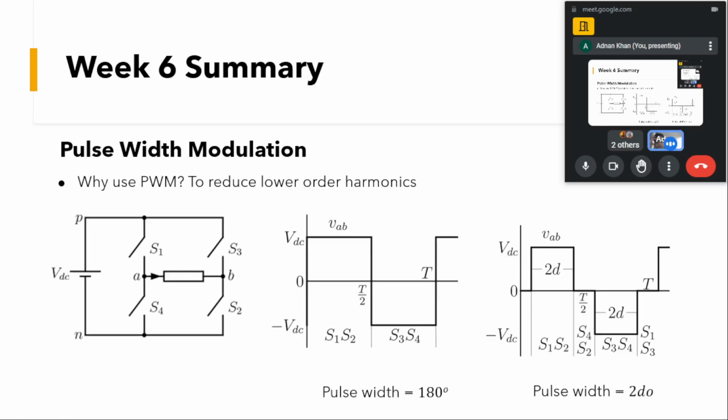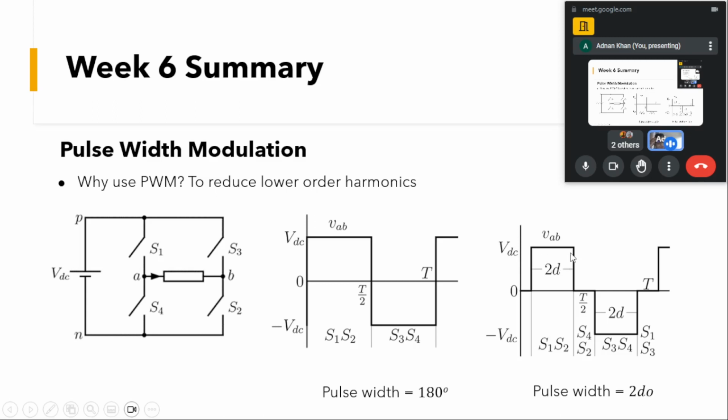Now, if we could decrease the width of this waveform, let us say we have a zero interval for some time, and I am only switching on S1 and S2 for 2D amount of time, 2D degrees.